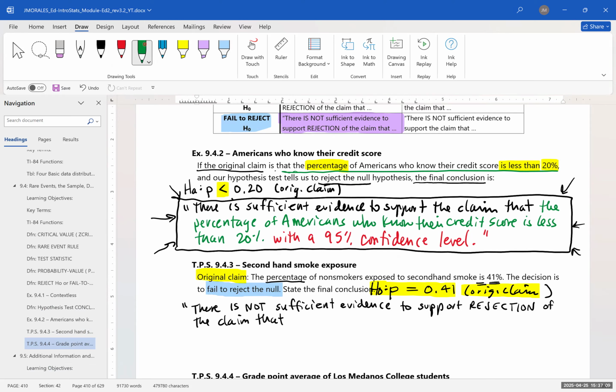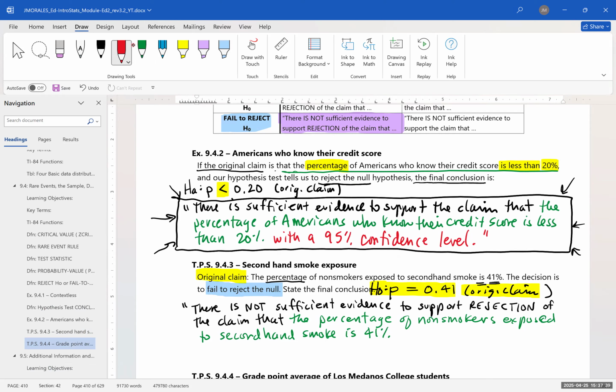The claim was that the percentage of non-smokers exposed to secondhand smoke is 41%.